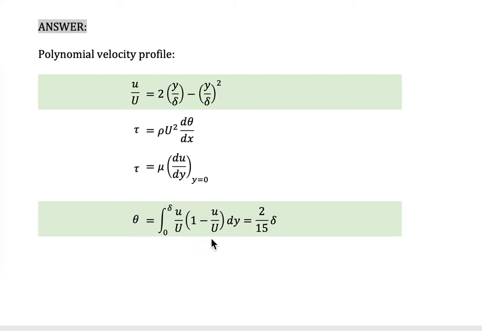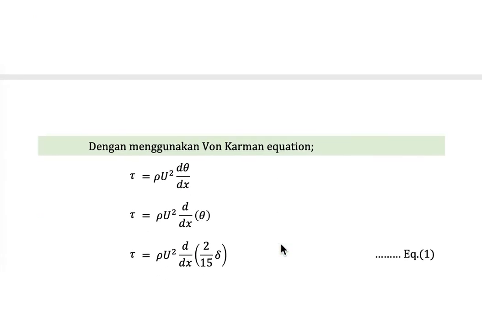We already learned about this previously, and I hope you can substitute the value of u over U into this equation and do the integral, and finally you will get that theta for this velocity profile is equal to 2 over 15 delta.